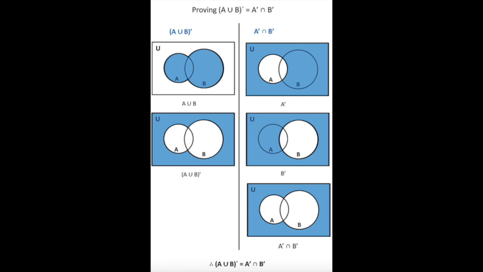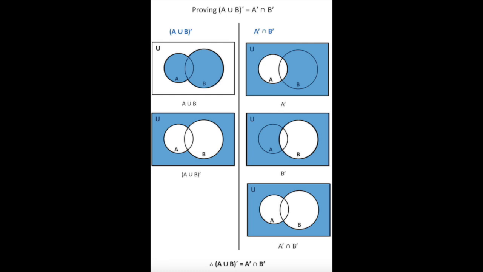And then in the right column, you take not A, which is the first picture, and not B, which is the second picture, and you find where both of them share the coloring in. So if you look at the first picture and the second picture, you see that the only places where both of them are colored in is around the outside of the circles.